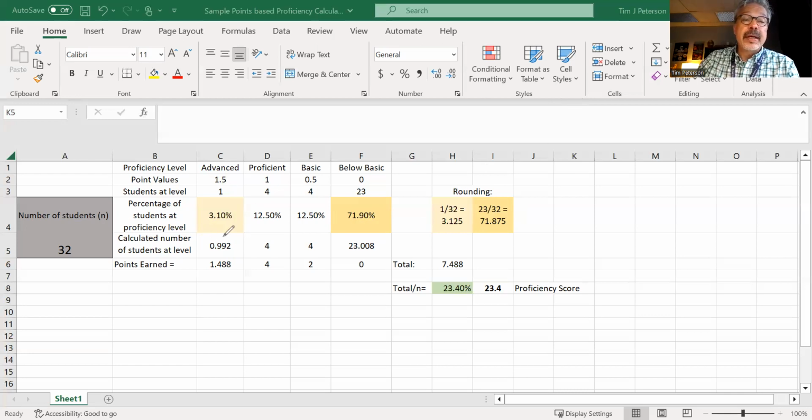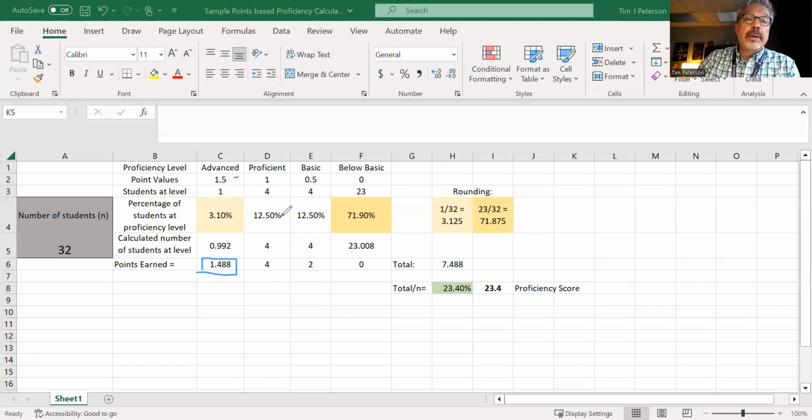Now, use the number at this level to calculate the points that you earn. So instead of taking 1, we're going to take 0.992, multiply that times the 1.5, and you will end up with 1.48 points.